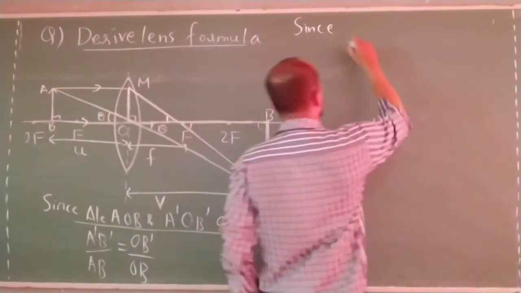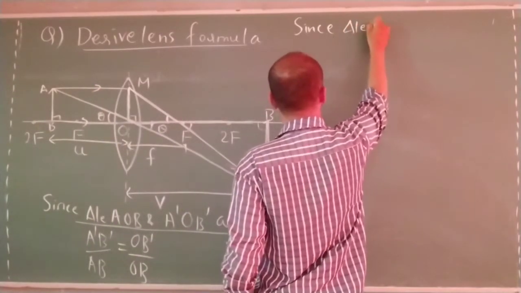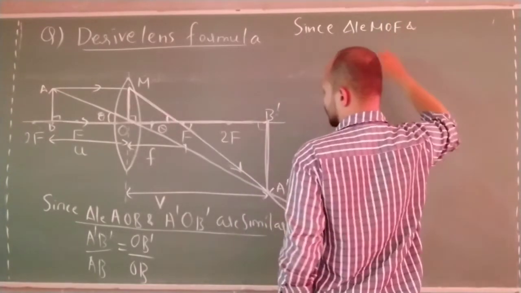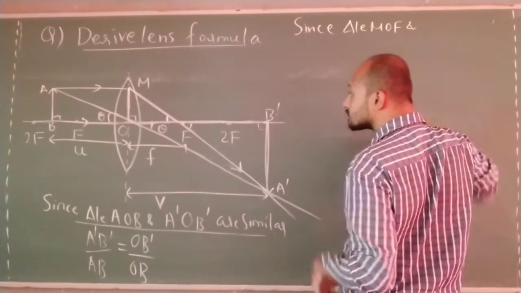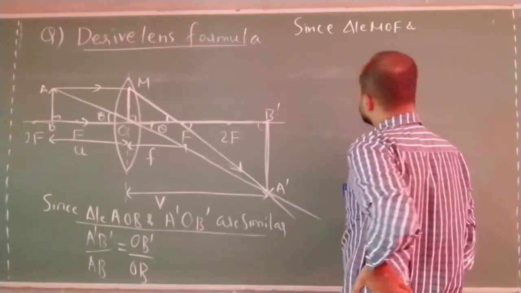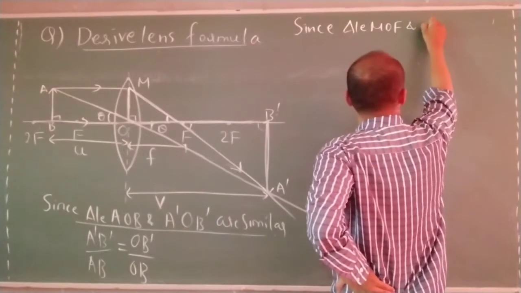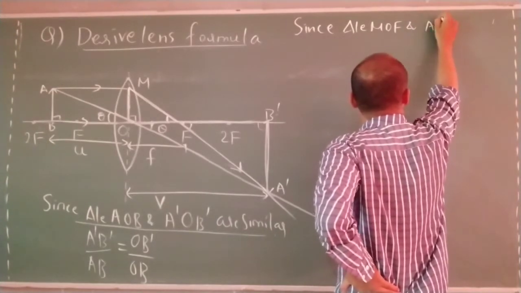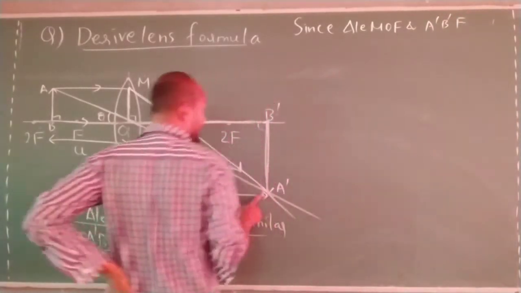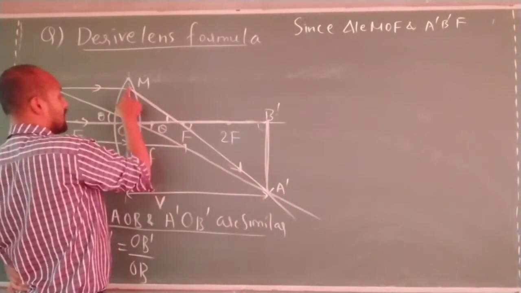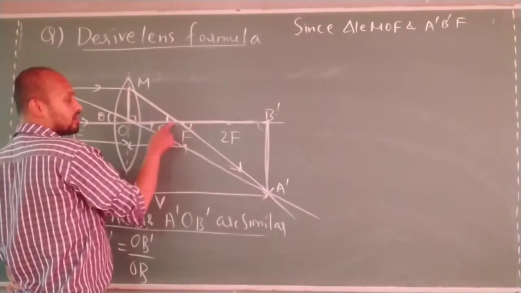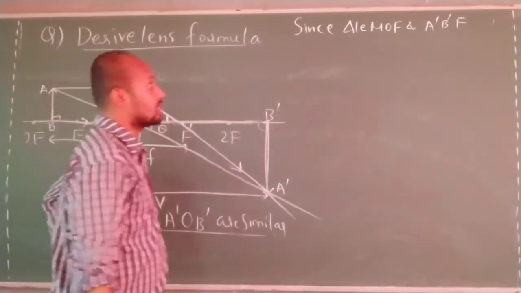So I can write, since triangle MOF and A dash B dash F are similar triangles.